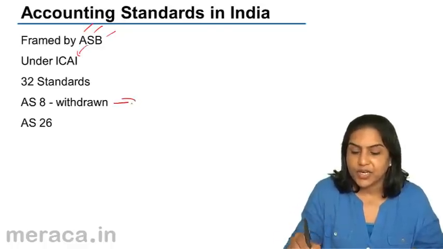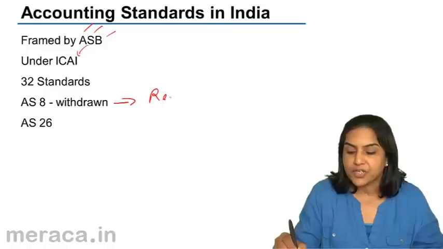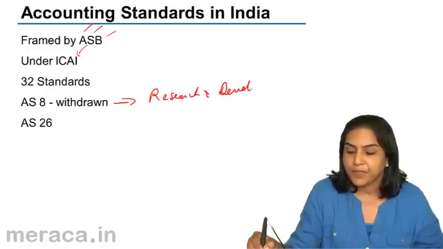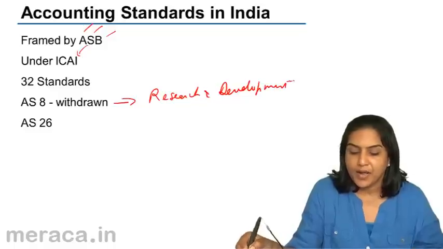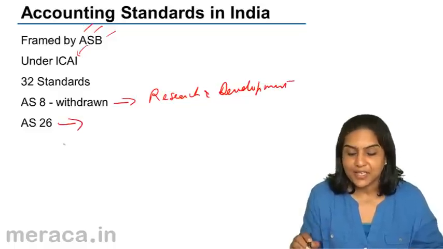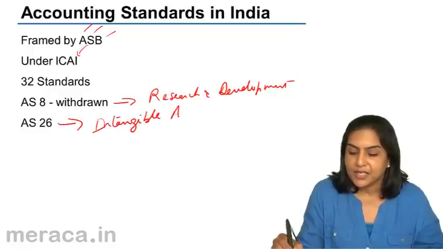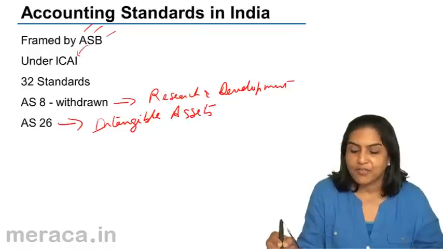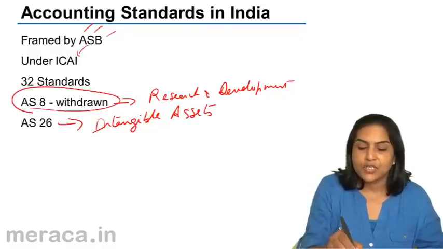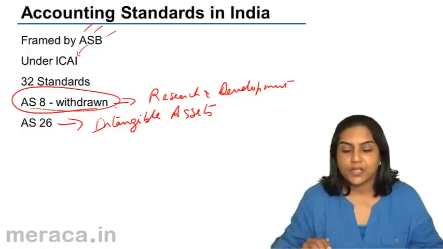AS8 was an accounting standard on research and development. However, when Accounting Standard 26 was introduced, being a standard on intangible assets, which included research and development, AS8 was withdrawn. So there are totally 32 standards without AS8.